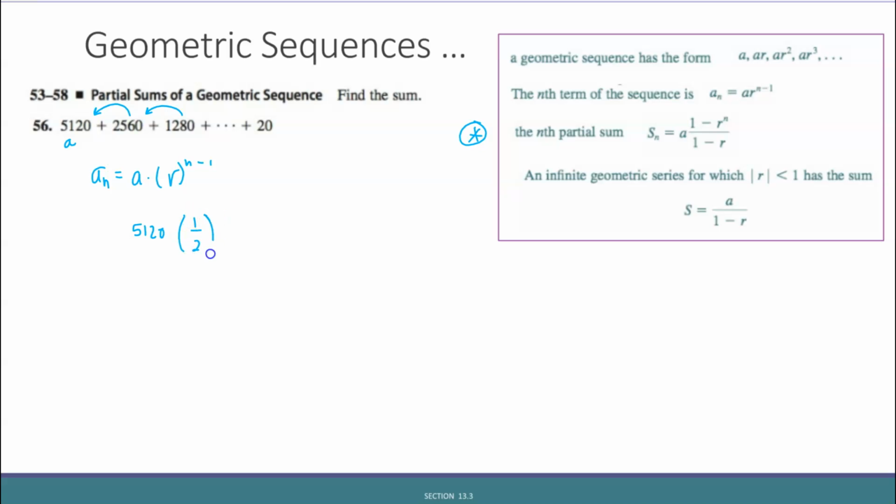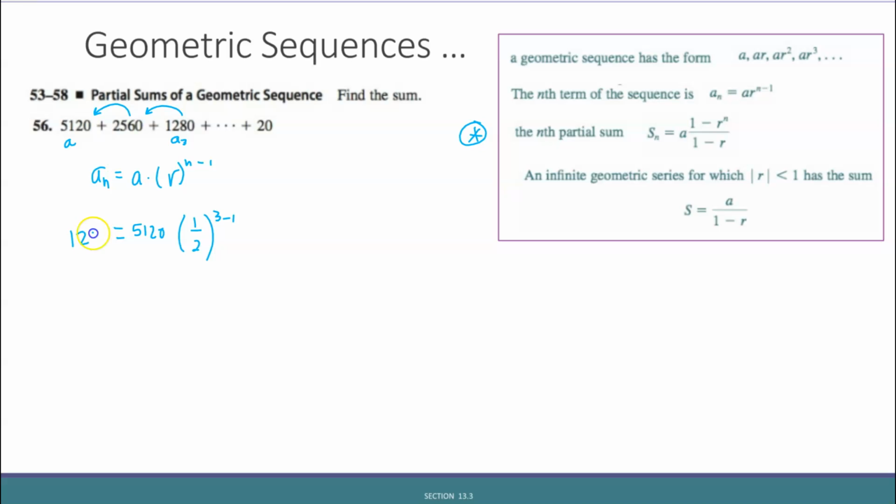What we're trying to figure out then is what n is. If this is the first term, this is the second term, this is the third term, so here we know n is 3. If I plug in a 3 for n, what comes out is 1280.